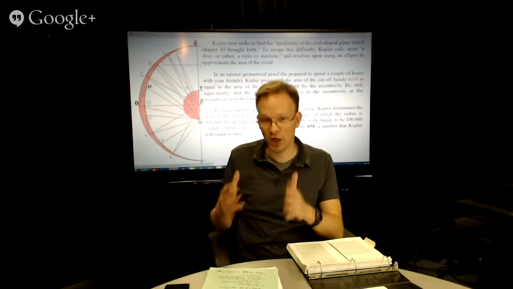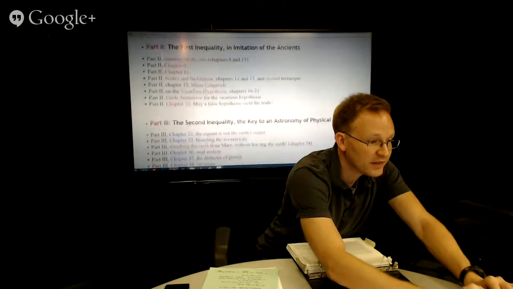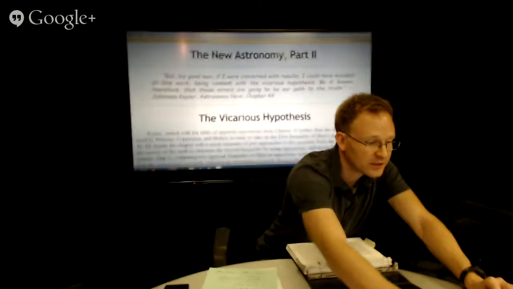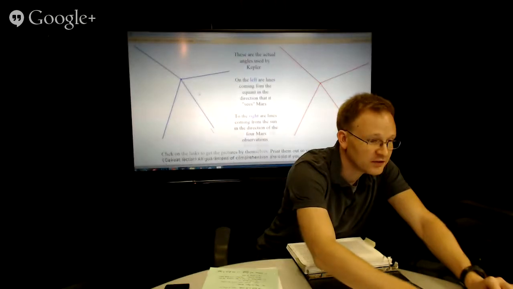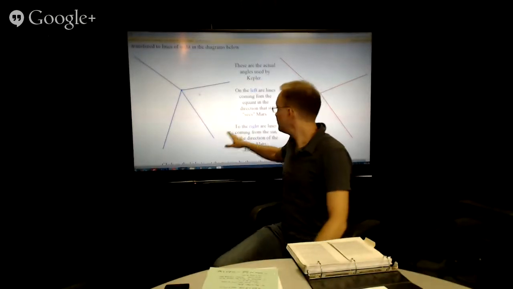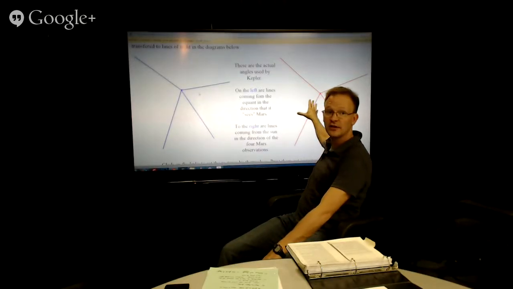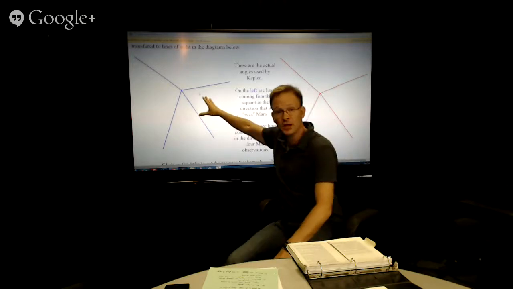Oh. So the apparent longitude, in this vicarious hypothesis animation, the blue and the red things there. The things that he starts with, these are longitudes, right? So these are apparent longitudes. This is where the sun saw Mars, and these are the mean longitudes based on Tycho's way of setting the clock.